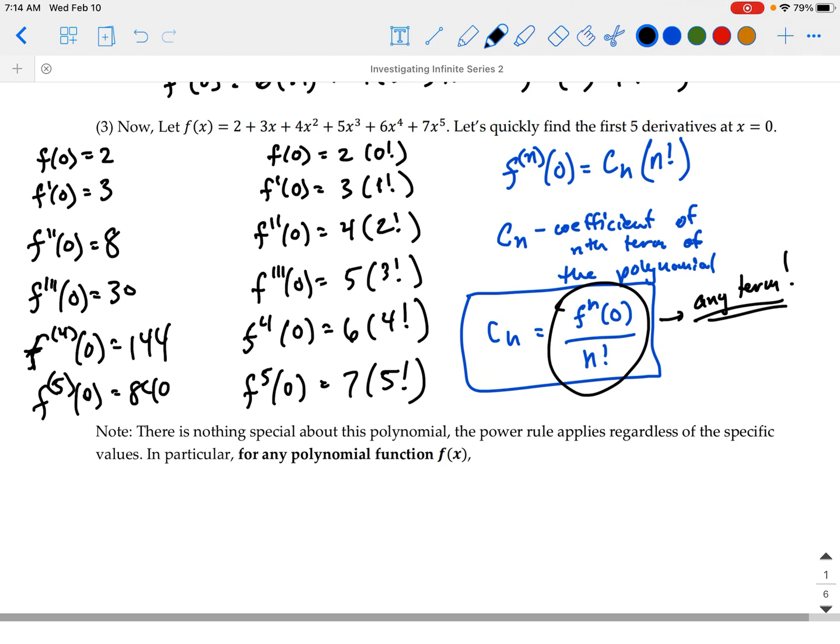So what this is going to mean in particular is that this nth derivative at 0 over n factorial is equal to our coefficient n. And this has a special name, which we're going to explore more. And this is the Taylor coefficient.